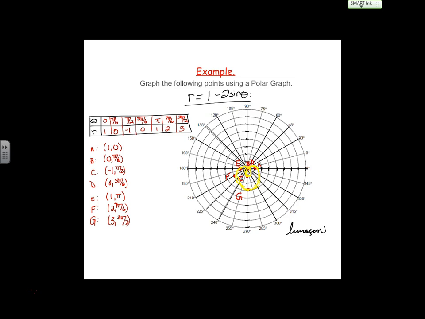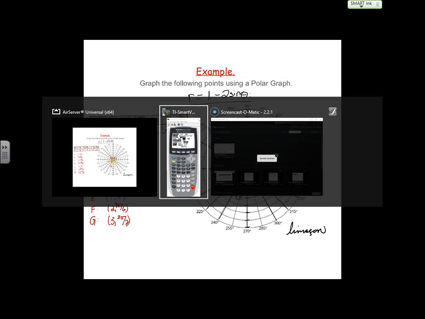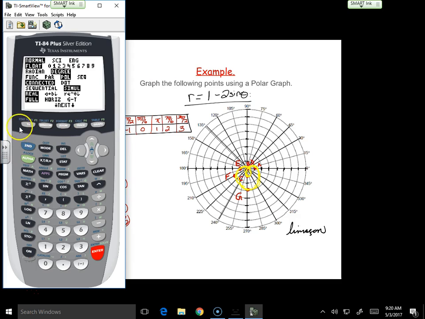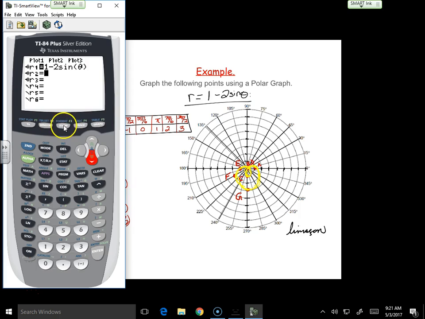In our graphing calculators, if you went to polar mode and plugged in 1 minus 2 sine theta. I'm guessing Zoom standard? Yeah. Hey, I did pretty good with my snail, huh? Nice.